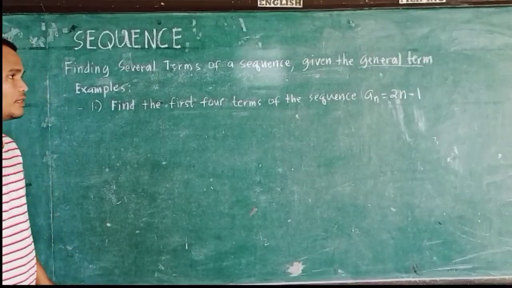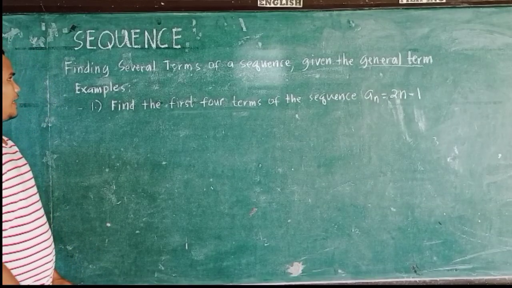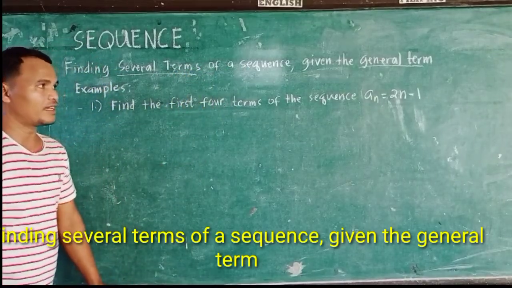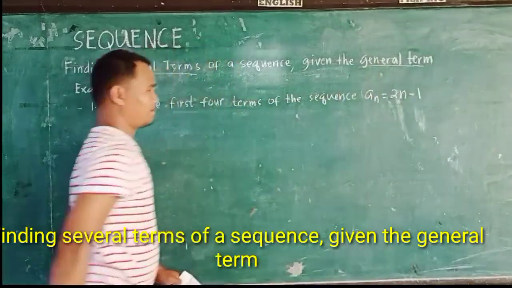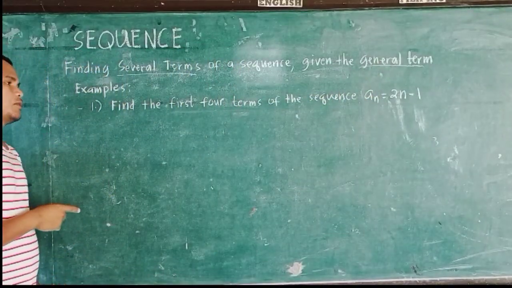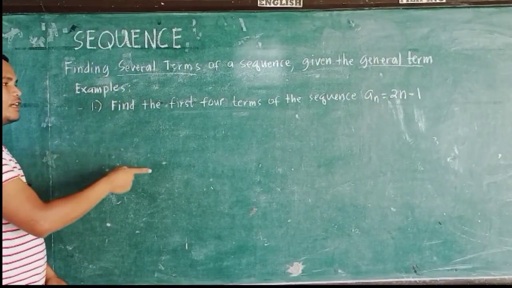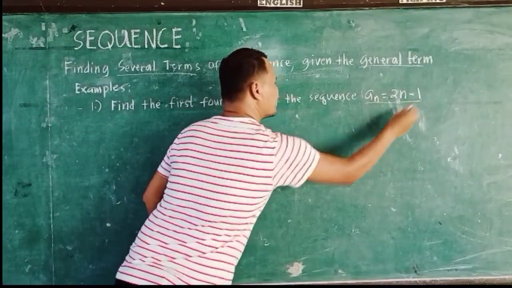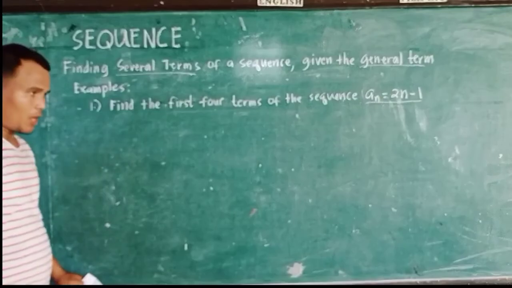Okay, let us continue. Here we are going to find several terms of a sequence given the general term. Example number 1. Find the first 4 terms of the sequence a sub n equals 2n minus 1.